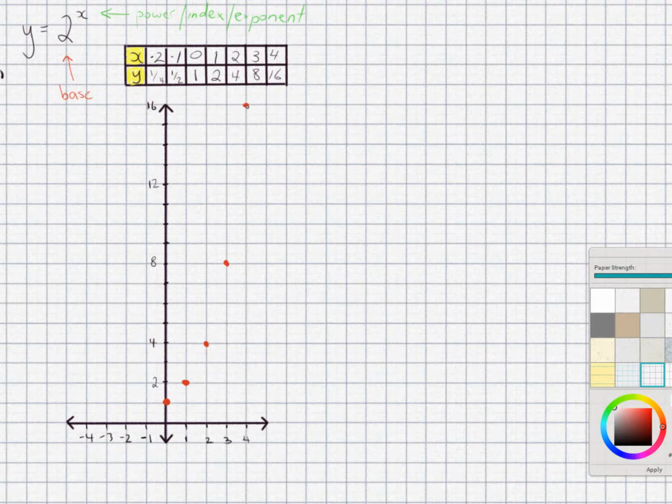For our negative values of x, we have negative 1, 1/2, and negative 2, 1/4. So getting very close to the x-axis. But the further we go to the left, the smaller it will get, but it will never get to 0.